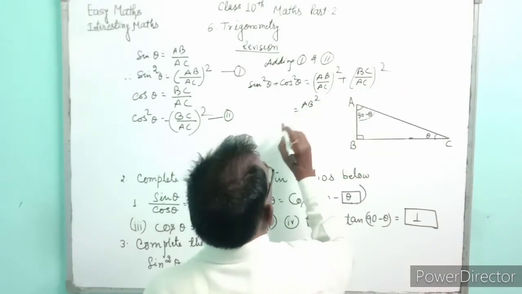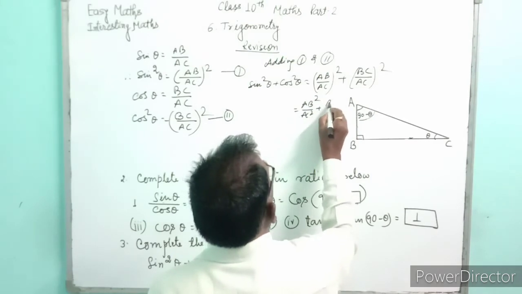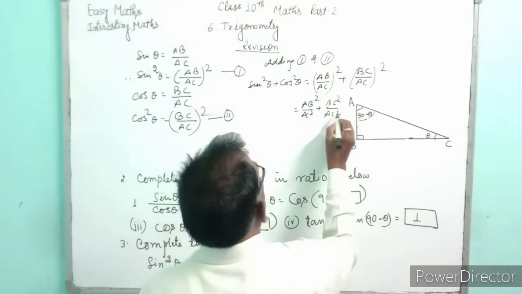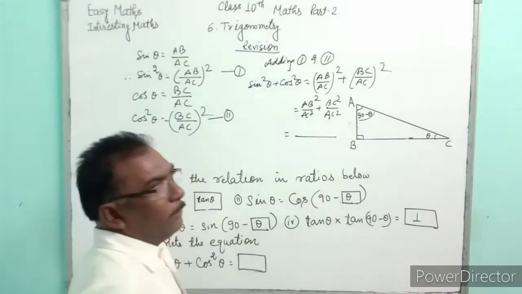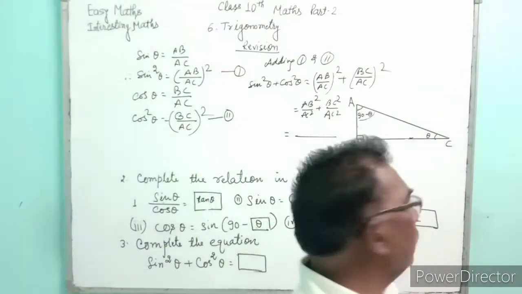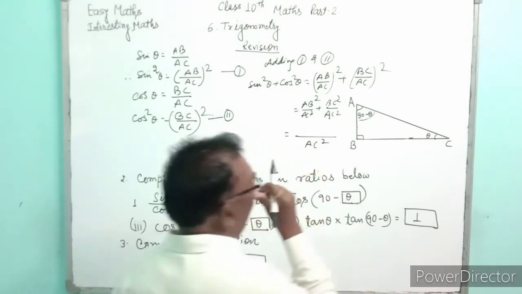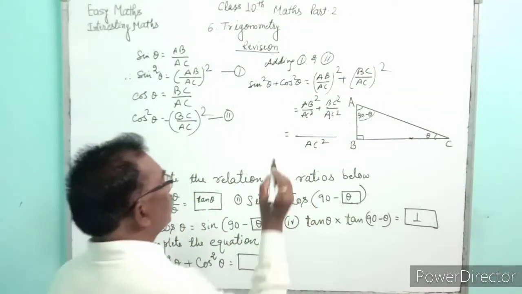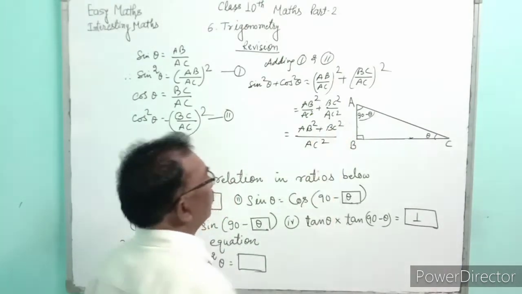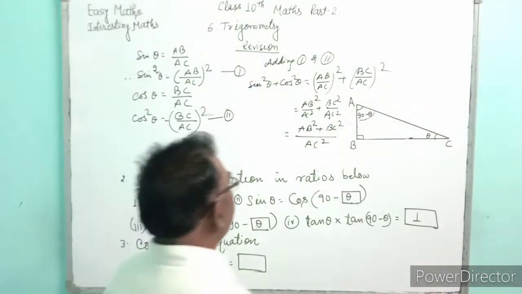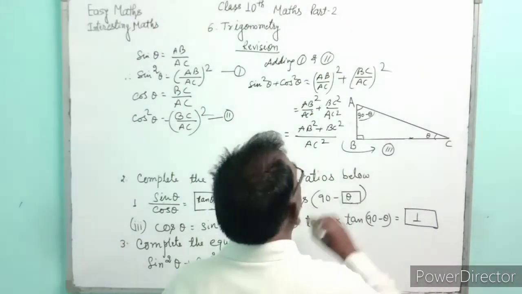Therefore AB square upon AC square plus BC square upon AC square. Now you see the denominators are equal, AC square, so we write here AC square and we add the numerators. So AB square plus BC square. This is equation number 3.